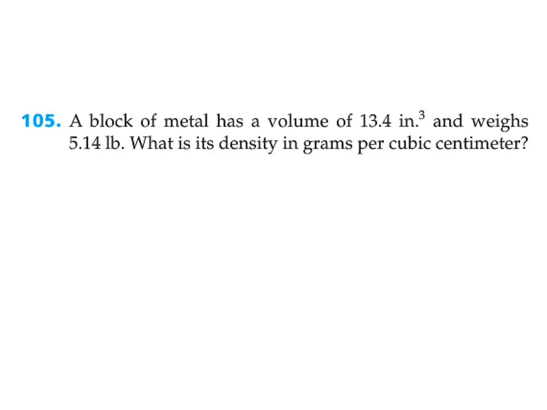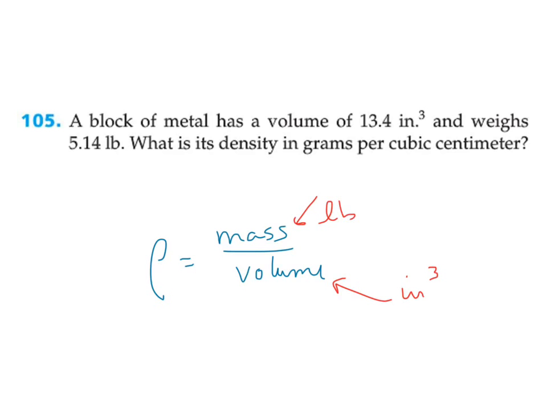Density is a ratio of what to what? Mass over volume. Yep. In this case, they give you the volume in, believe it or not, inches cubed, and they give you the mass in pounds.